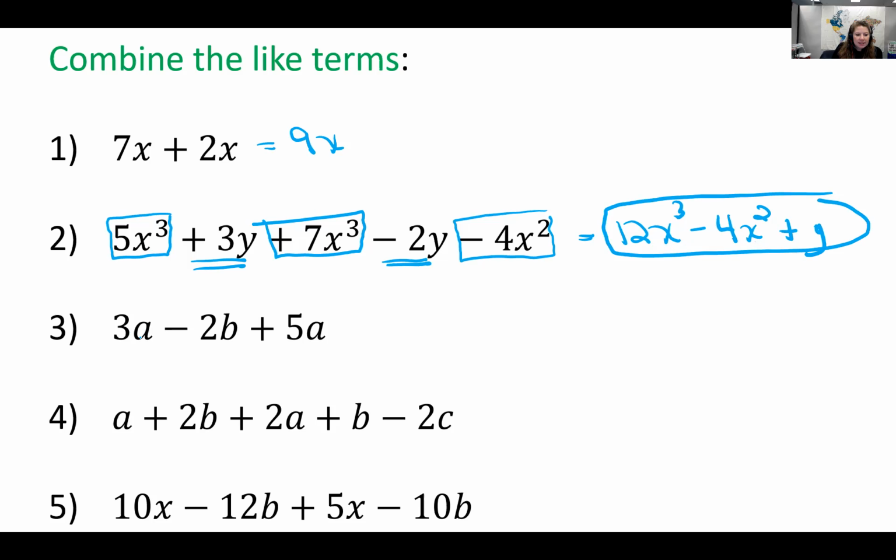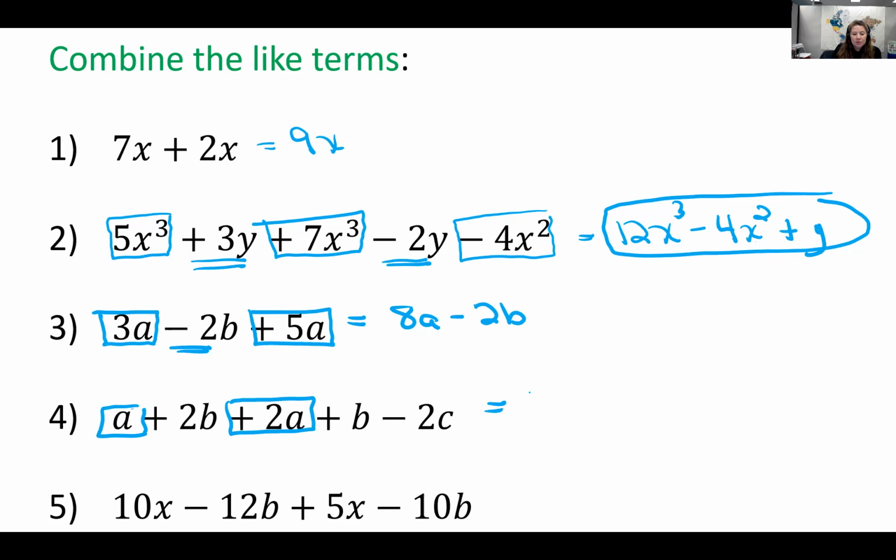All right, let's look at number 3. We have 3 apples plus 5 apples. 3 apples plus 5 apples is 8 apples. And then I have to write this last term as part of my answer. All right, number 4, I have 1a plus 2a, 1 apple plus 2 apples is 3 apples, right? 3a.